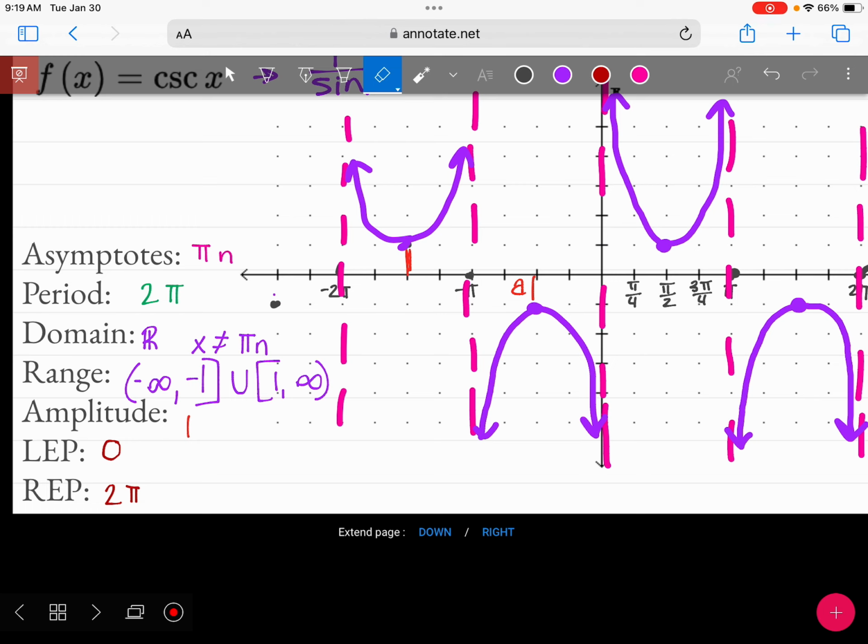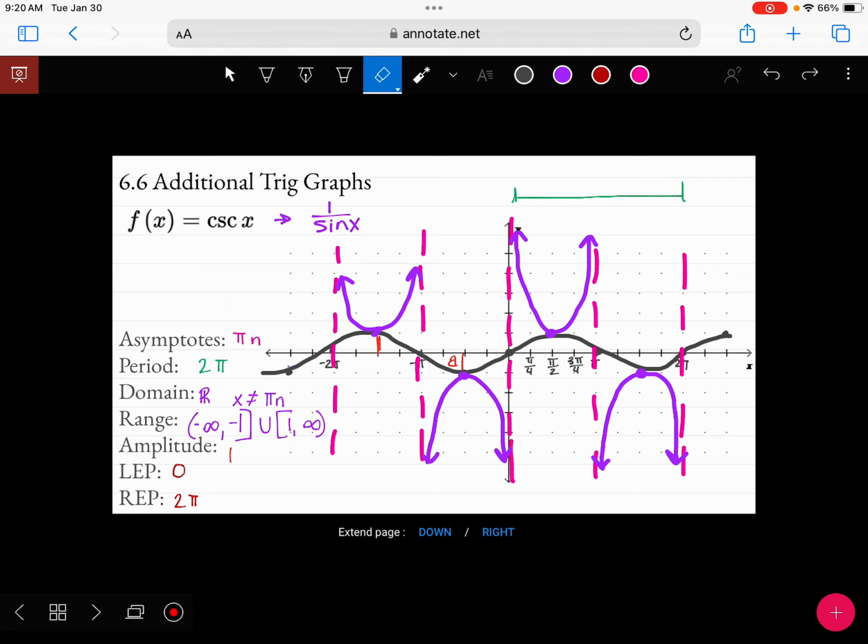Technically, that's cosecant. But we graph it based off of sine anyway, so I'm going to put sine in. I will probably draw it in a lighter color on the next ones because it's a little bold. But that is how we do it. So we base it off of sine.